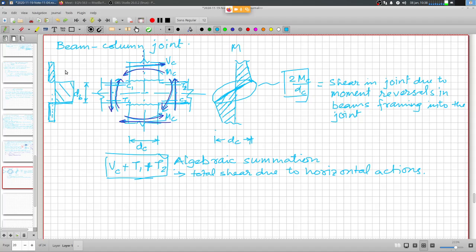So this is the shear in joint, and this is the shear in columns.